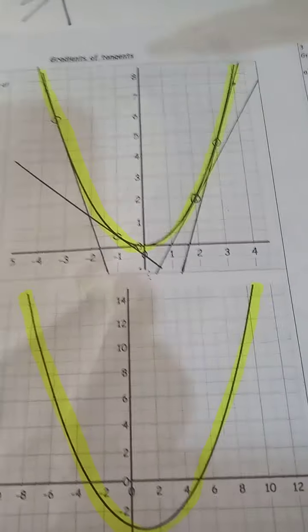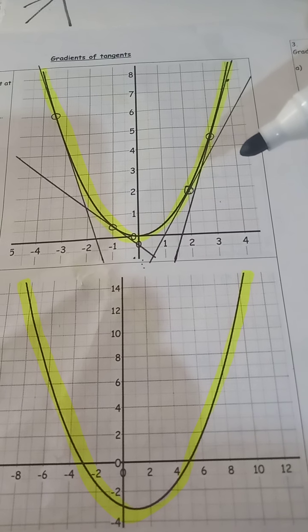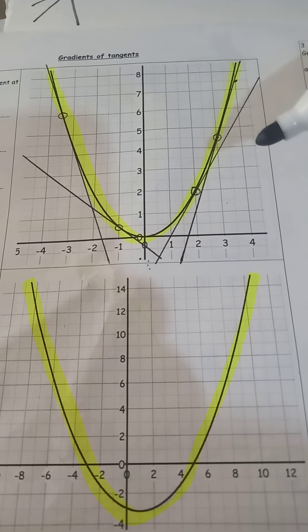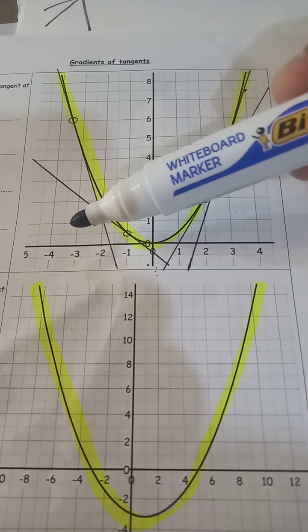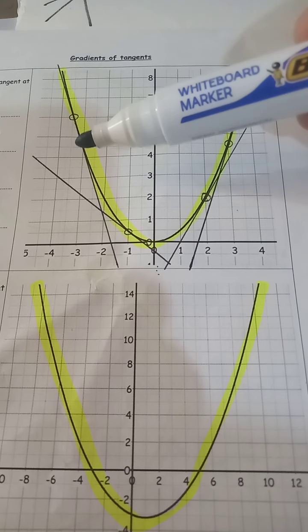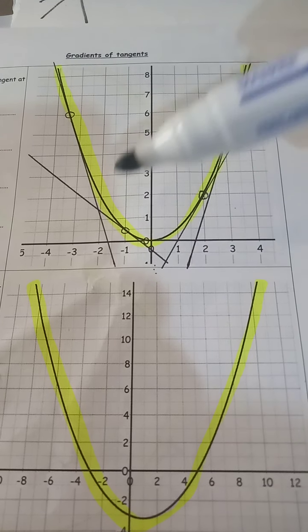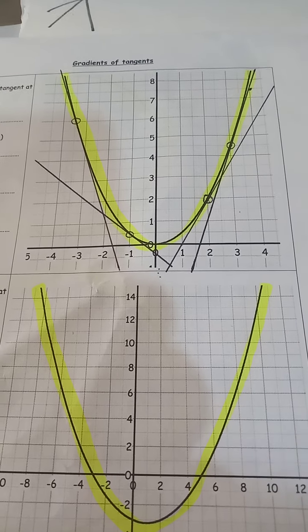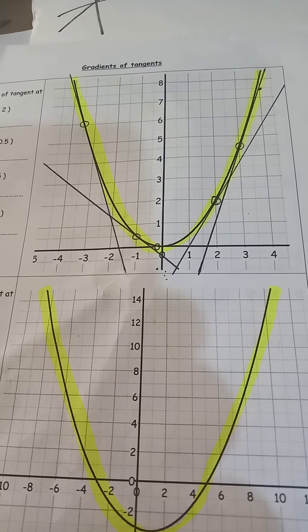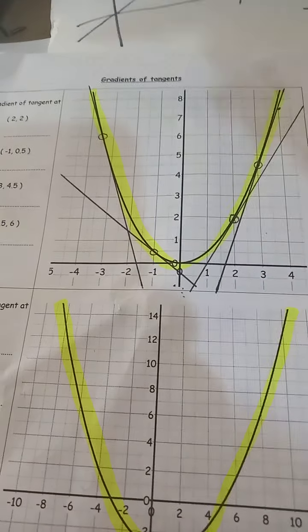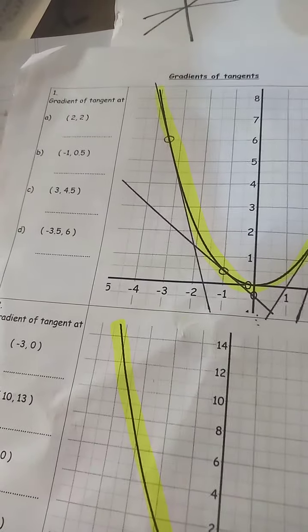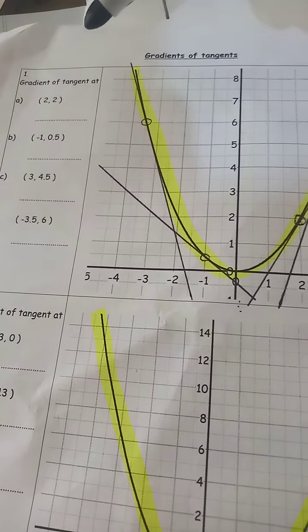Found out. Now this fourth curve we have to look at is minus 3.5 and 6. So I'll pick out 2 points.